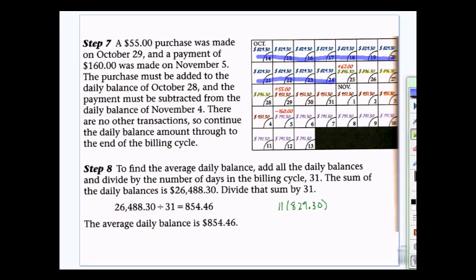And then I had 1, 2, 3, 4 at 896.30. And then 1, 2, oops, wrong color. 1, 2, 3, 4, 5, 6, 7 at 951.30.